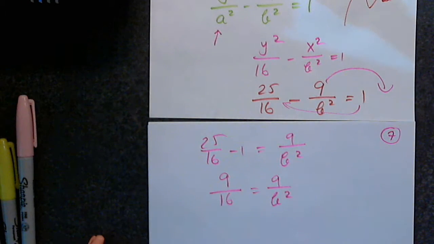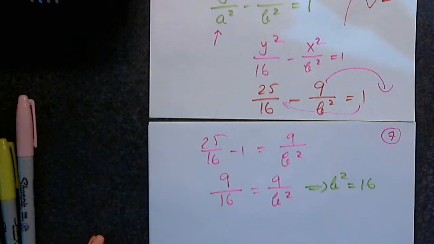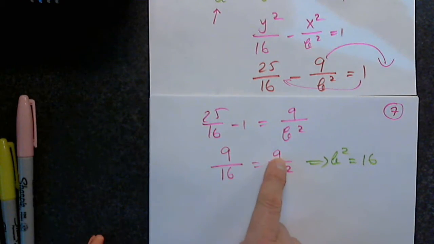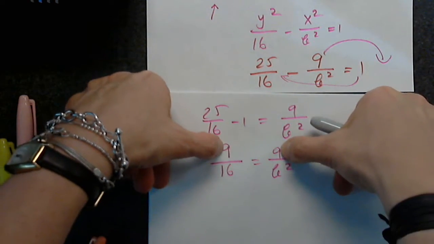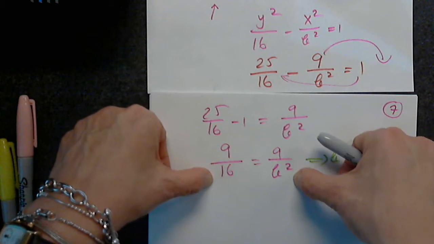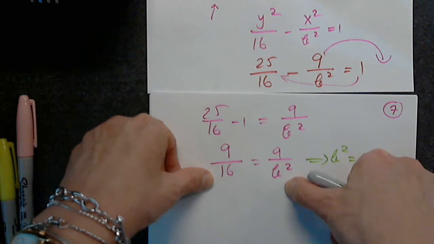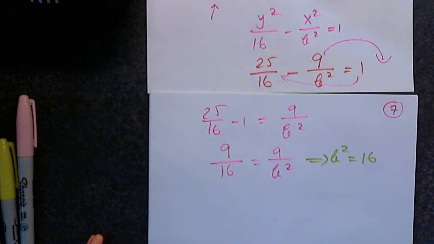What has to happen? The denominators have to be the same. You don't have to cross multiply. You don't have to remember the little trick, but this is always true. If I have here 1 and here 9, my trick doesn't work. Also, if two fractions are equal and they have the same denominators, what has to happen? The numerators have to be the same.